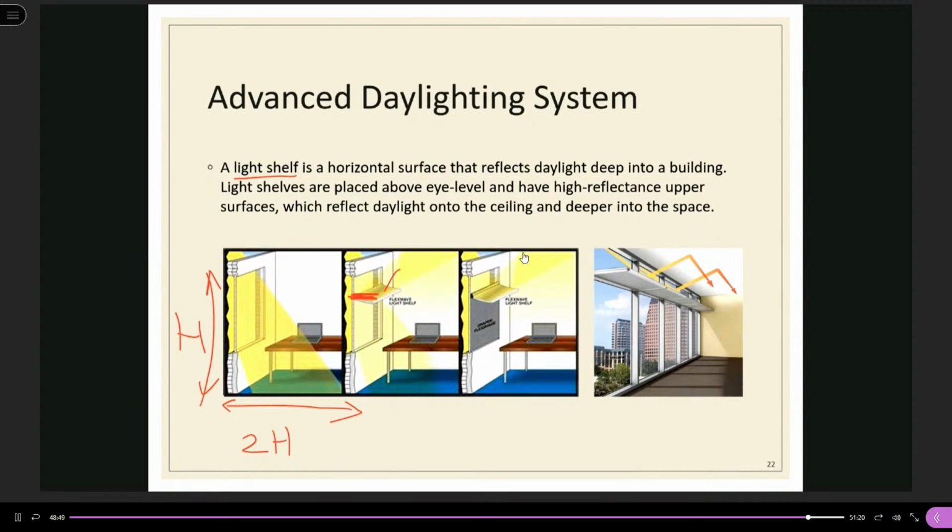This upper surface is very reflective, white in color, so that it can reflect daylight onto the ceiling. Then when the ceiling also has high reflectance, white in color, it can reflect it into the deeper part of the building.